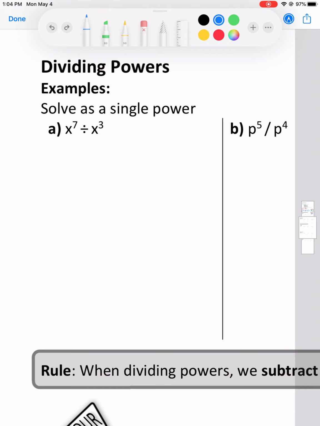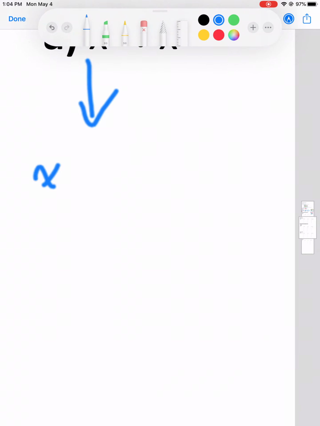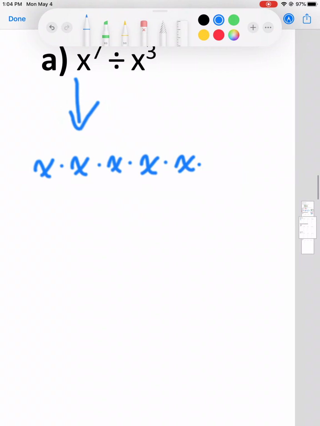We're going to be doing x to the 7 divided by x to the 3. So what does that look like? We know here we're going to have 7 x's. 1, 2, 3, 4, 5, 6, and 7. We know it's being divided.